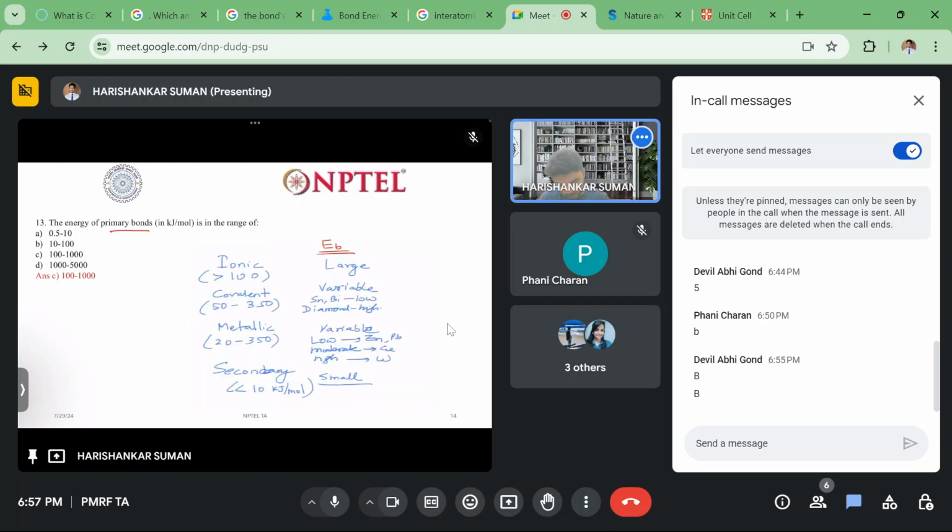Answer C. You can see ionic has greater than 100, covalent 50 to 350, metallic 20 to 350, and secondary less than 10 kilojoule per mole. So primary should be greater than that. Okay. So please remember these things also.